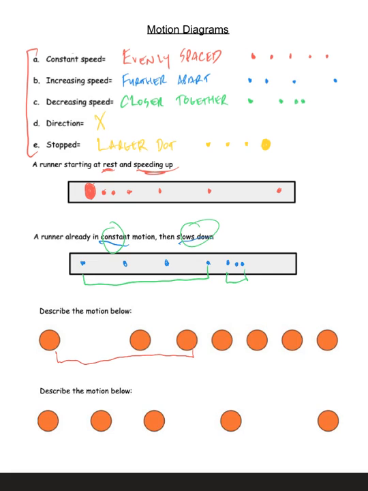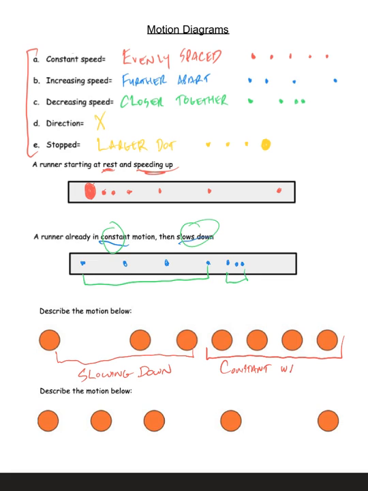So we should say that this object is slowing down, because the spacing of those dots is coming closer together. Now, after the object slows down, we have a set of 4 dots that are evenly spaced. And so since those dots are evenly spaced, we would say now this object is moving at a constant speed.